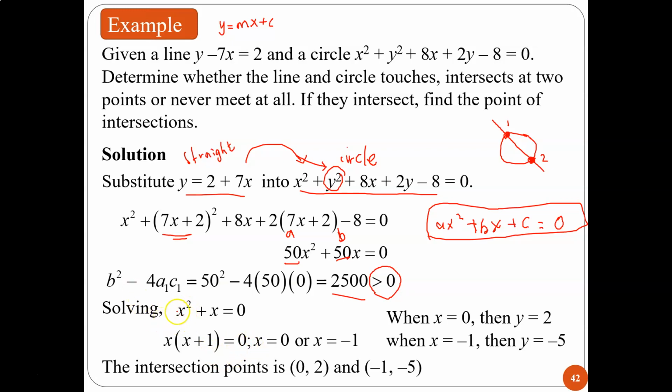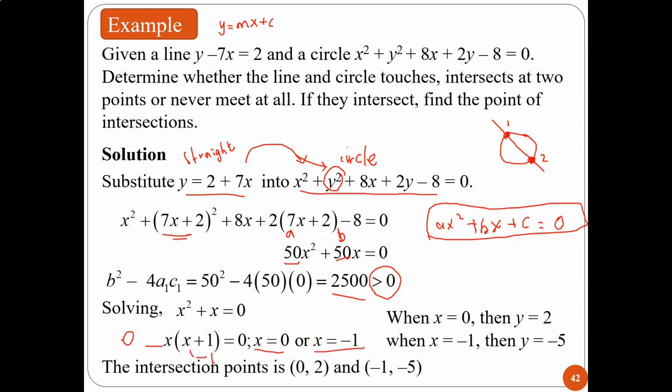So when for this one, you factorize it. So you take out x at the front. So yang tinggal, the remaining will be x plus 1 equal to 0. So you know that 1 x equal to 0, another one is equal to negative 1. So you have x equal to 0 or x equal to negative 1.